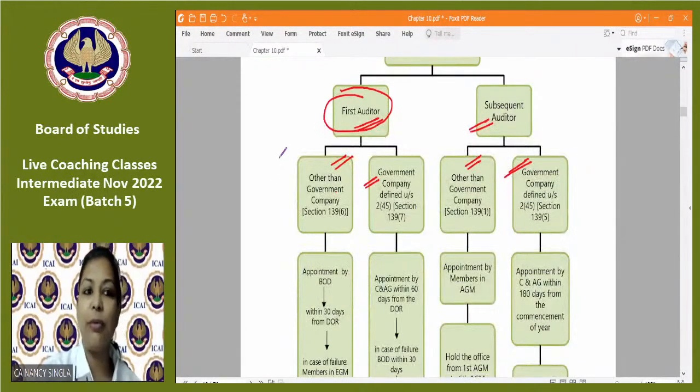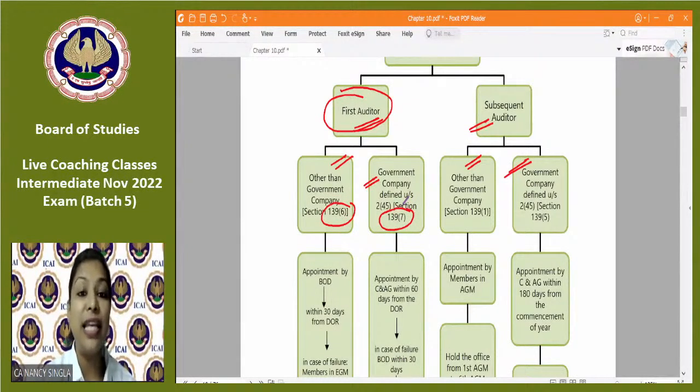So first we'll be discussing the first auditor. So section 139 subsection 6 and section 139 subsection 7. I told you there are in total 11 subsections in section 139. We will be discussing all the subsections and then at the end I'll be summarizing all the subsections, the entire section 139, in a sequence.